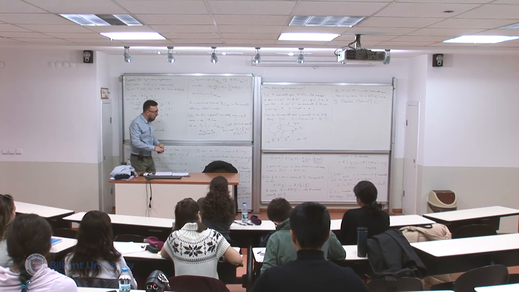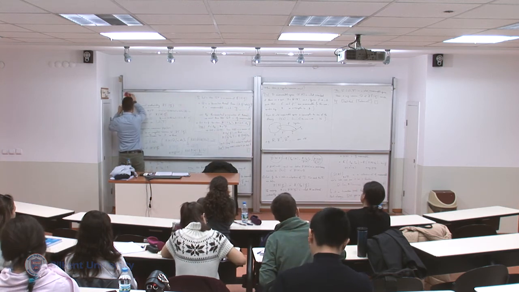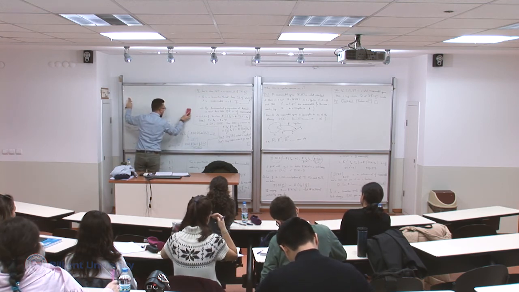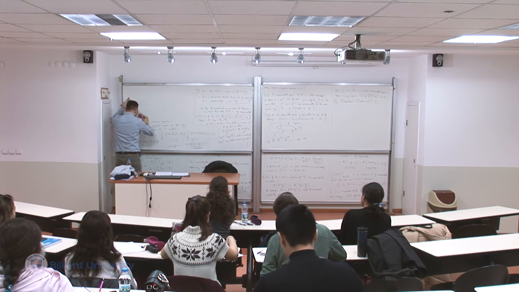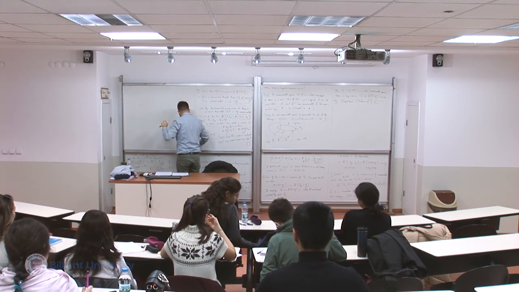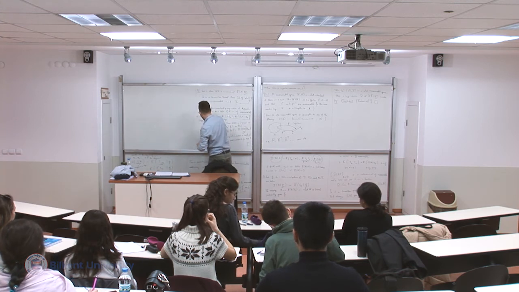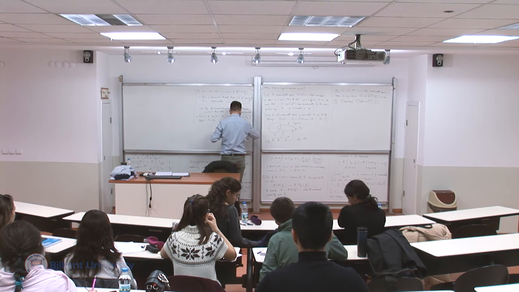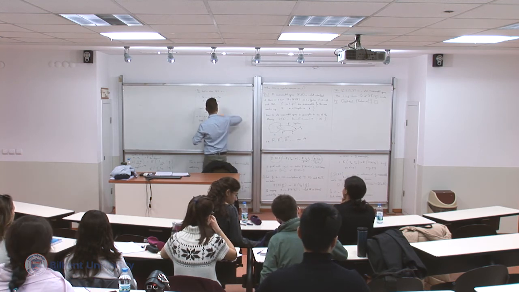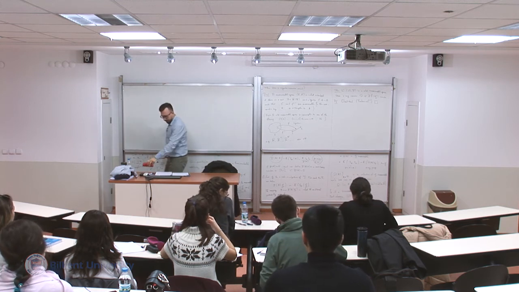Okay. So maybe before we go, we can look at something more concrete. Namely, we can look at the conditional distribution of a random variable given a sigma algebra.